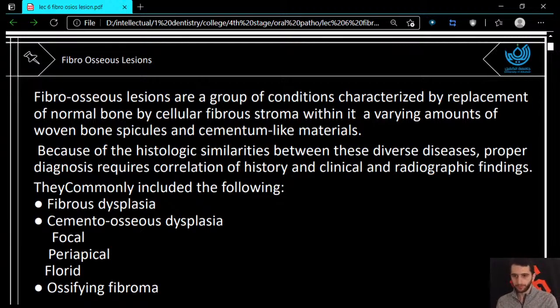Maybe I will speak just so that people can understand where I am in this lecture. This lecture is talking about the fibroosseous lesions. Very important lecture indeed. I will type this in the chat. Very important lecture.